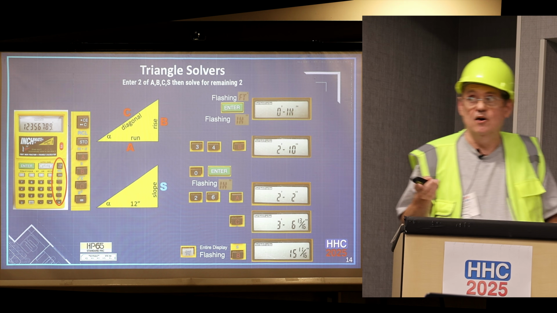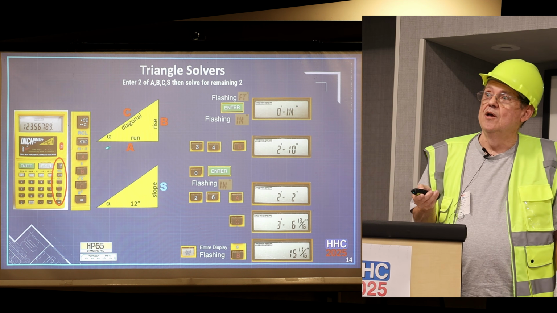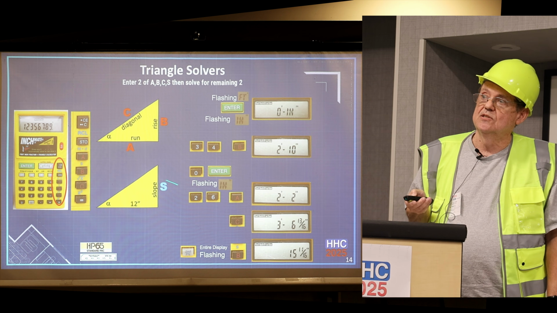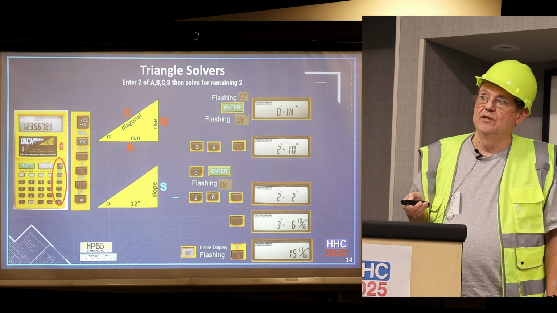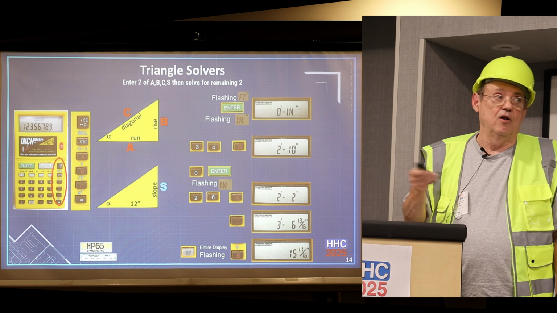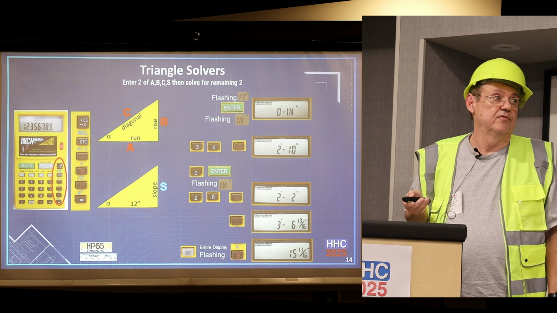Well, these calculators all have triangle solvers where you've got A, which is what they call the run, B, the rise, C, the diagonal, and S is the slope, where slope is defined as if you have that angle and 12 inches, what does the S become? So the triangle solvers that all of these calculators have say, you enter 2 of them and I'll calculate the other 2.